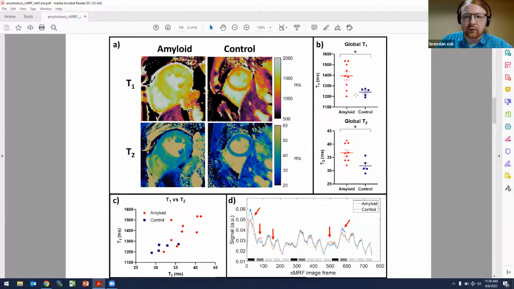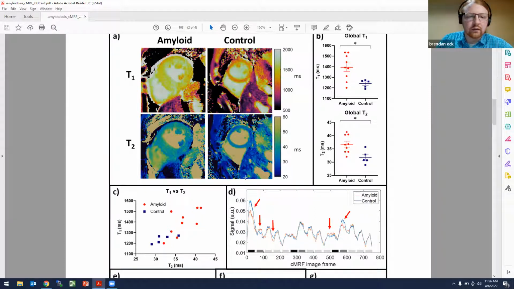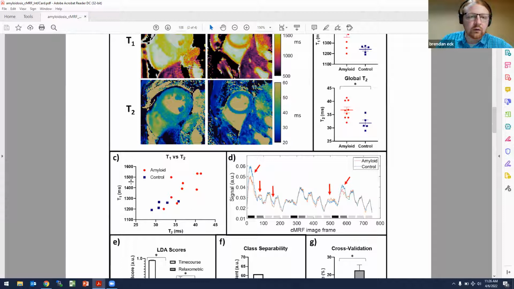And there were significant differences between the amyloid and control groups, although interestingly, there is overlap between those two groups. Panel C plots the T1 and T2 for each patient and subject with T1 on the y-axis and T2 on the x-axis. And again, you can see that there is some overlap between the patients and controls.